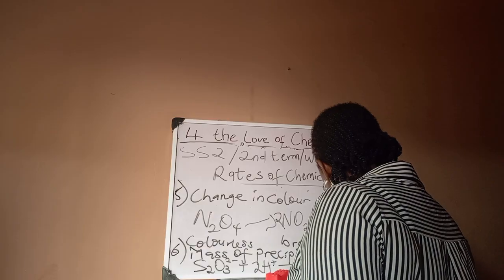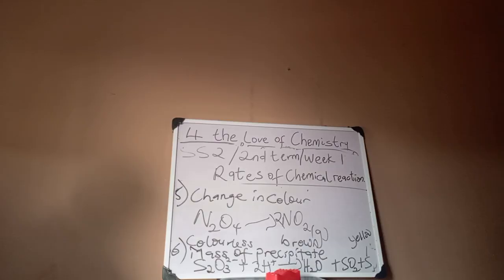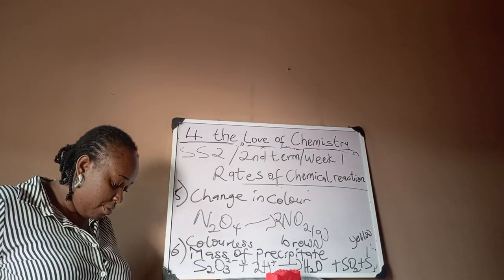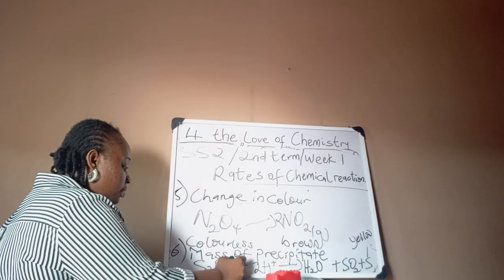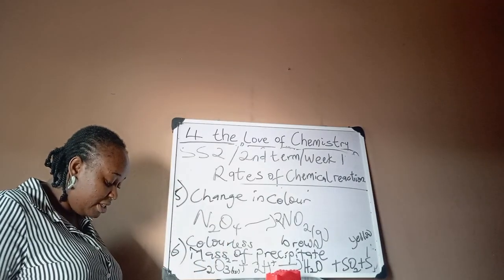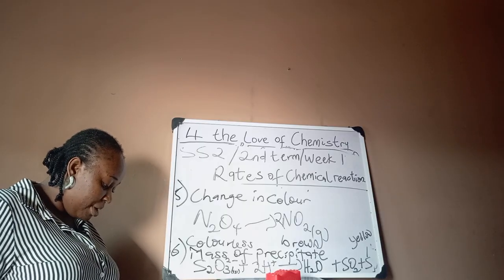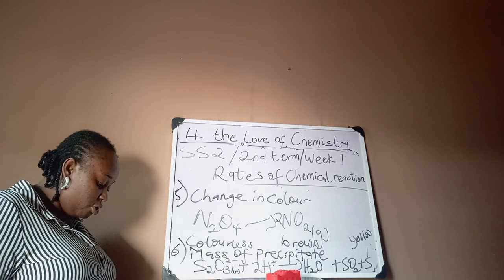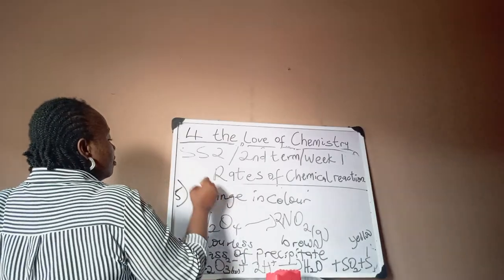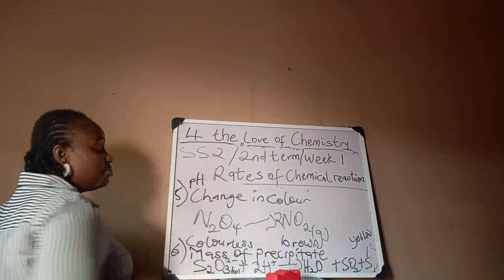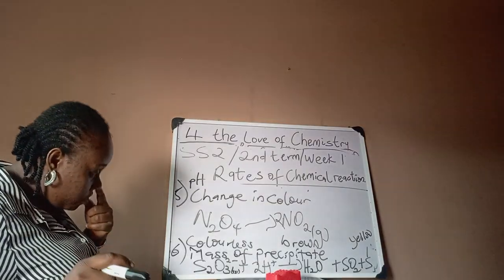Sulfur is yellow. It's a yellow precipitate of sulfur. Now, when we look at this, the rate at which this yellow precipitate of sulfur is formed will help us in determining the rate of this reaction. Is that clear? Also, we have pH measurement, and in this case, for reactions involving a solution of an acid or a base, we can measure the pH of the reaction, and with that we can determine the rate of the chemical reaction.